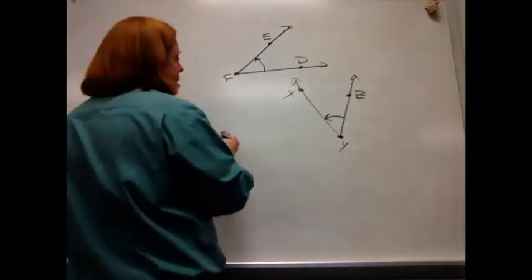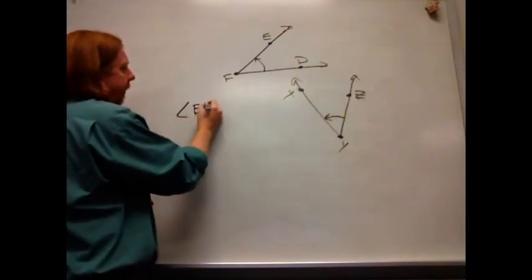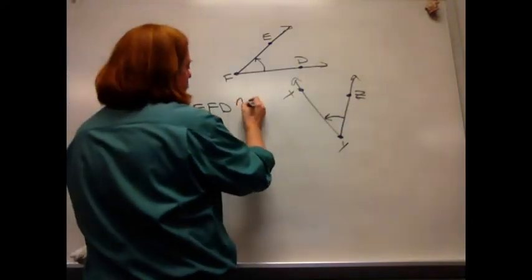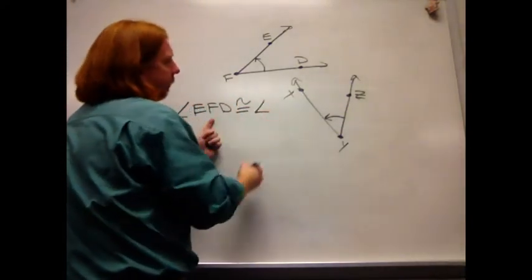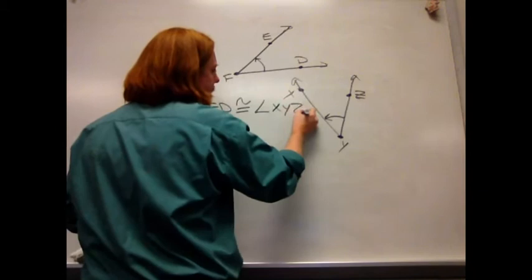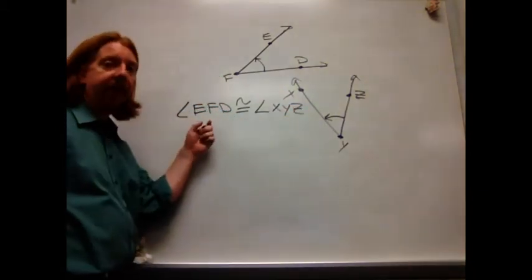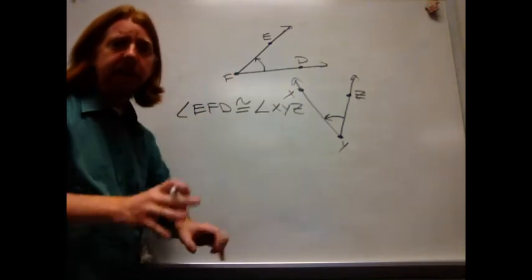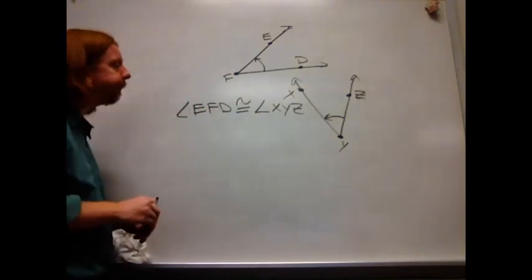What I would write then is angle EFD. Now note, the vertex is the middle letter. It is congruent to angle XYZ. A thing is the same size and shape as another thing. They're twisted, but they're still congruent.